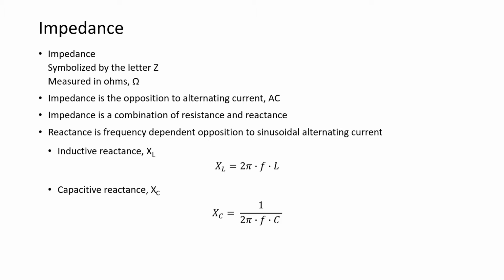And the reactance of a capacitor, capacitive reactance, symbolized with X sub C, mathematically equals 1 over 2 pi FC. So anytime we have an alternating current source, we don't think of just resistance, we have to think about impedance.